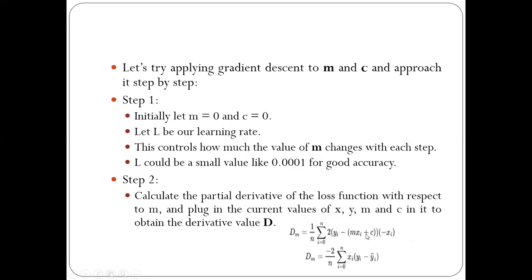Here this particular term is our linear equation, the predicted equation, so we can replace it as yi cap in the next step. So now the equation simplifies to dm is equal to minus 2 by n summation i is equal to 0 to n yi minus yi cap into xi.